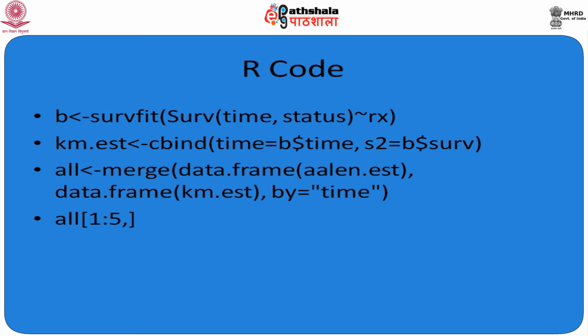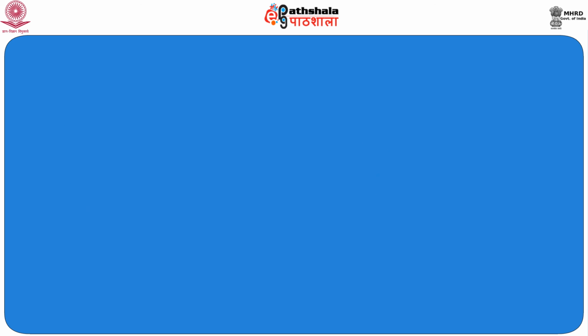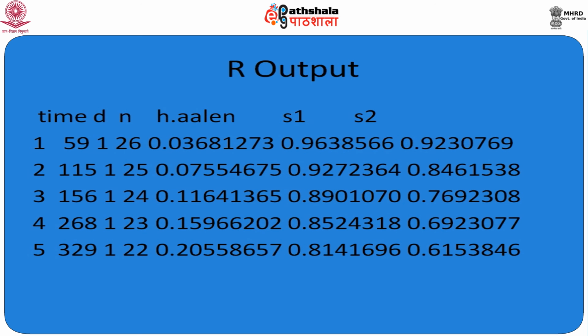If we plot these functions and get the comparative estimate values, here for the first 5 time points we are giving 1 to 5, and the whole thing is assigned as all. We will get the estimate values like here.